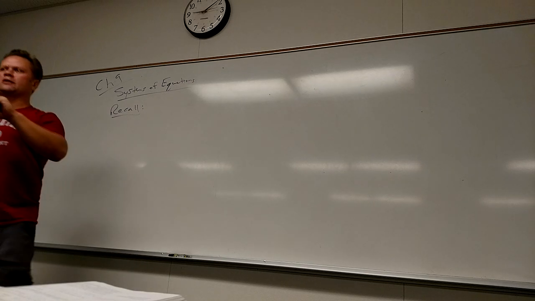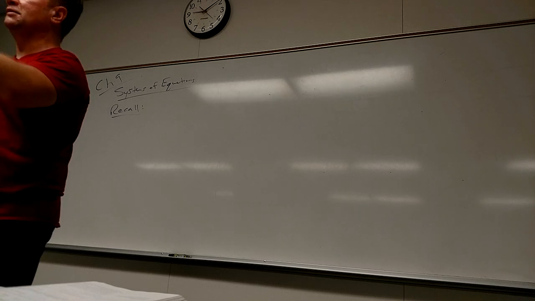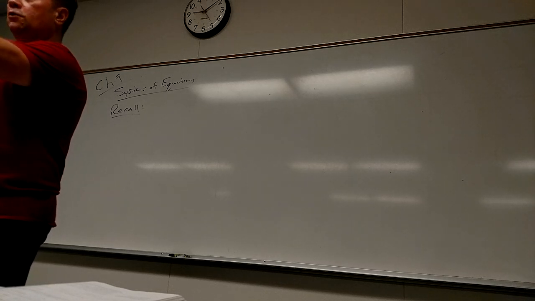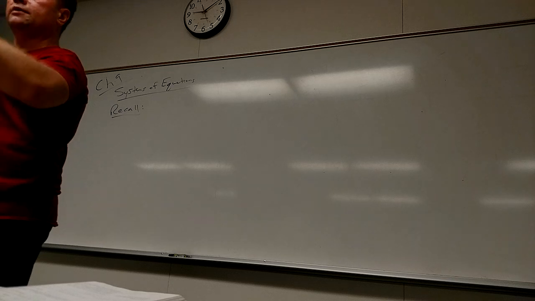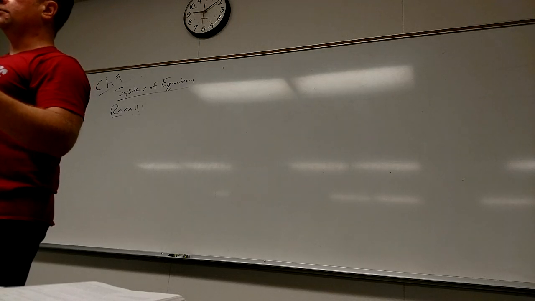So for example, if I told you that I am twice as old as you are, which more than likely is at least that, right? If I said I'm twice as old as you are, can anybody tell me exactly how old either one of us is? That's not enough information, right?